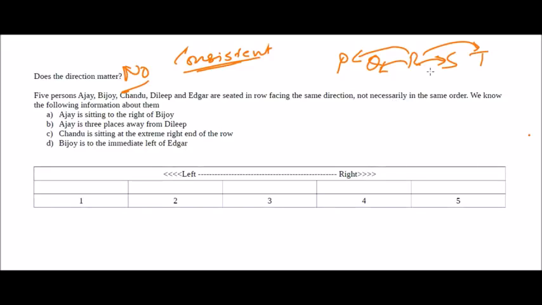Another way of looking at it, suppose you shave in the mirror, and you have a scar on the right side. The mirror will show the scar on this side.